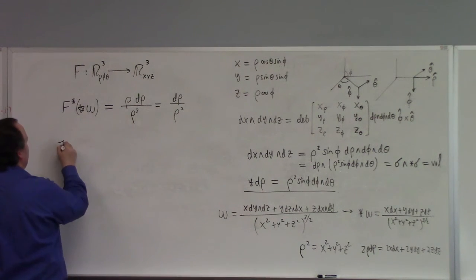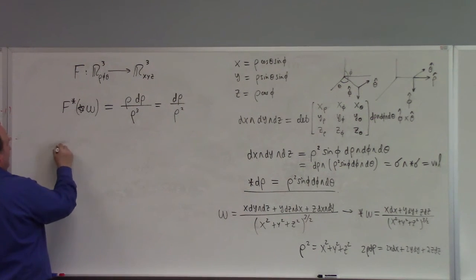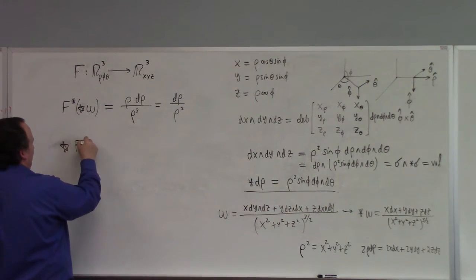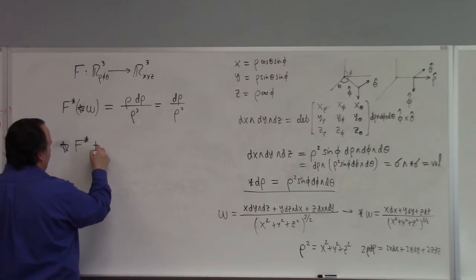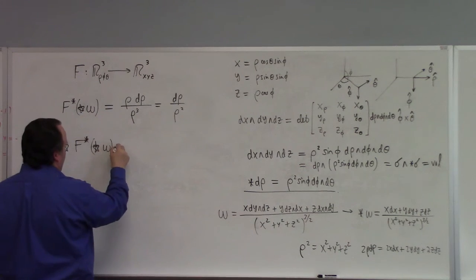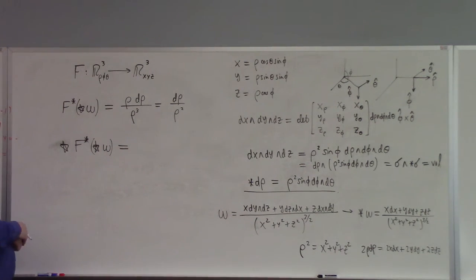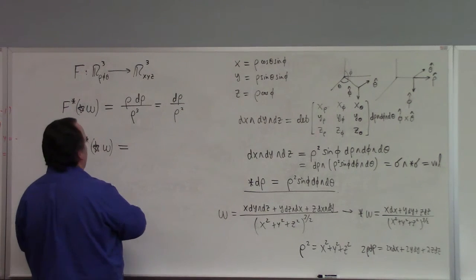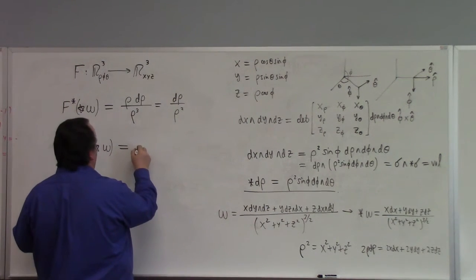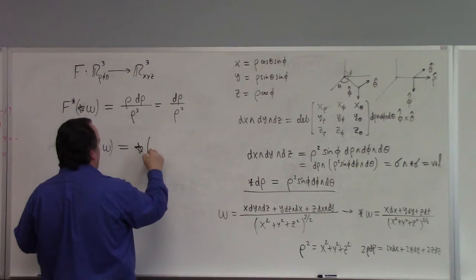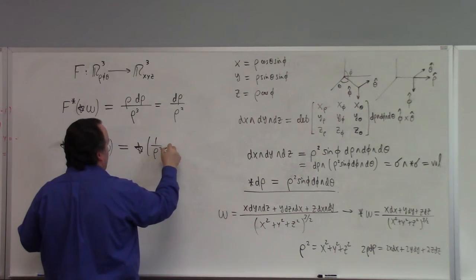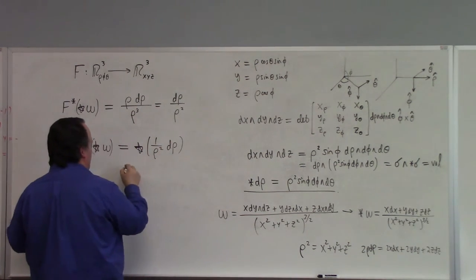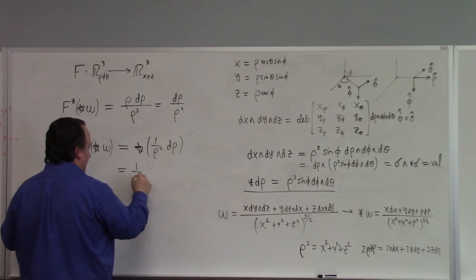So, what is the Hodge dual of the pullback of the Hodge dual of omega? This is natural mapping. This is natural. Yeah, I mean we got apparently the Hodge dual of 1 over rho squared times d rho. 1 over rho squared we can leave out here.